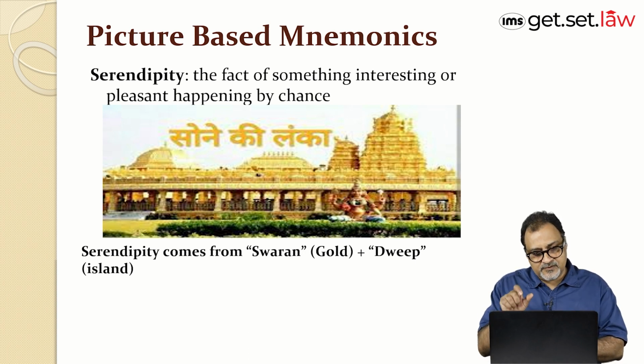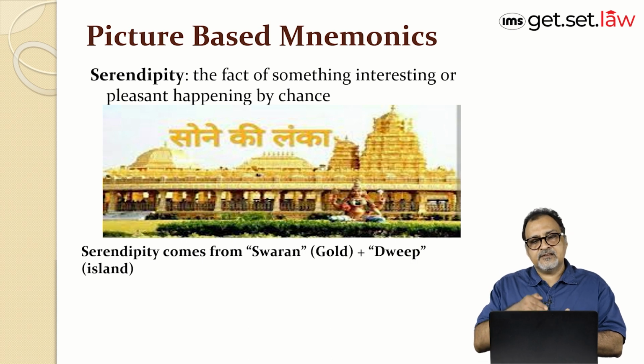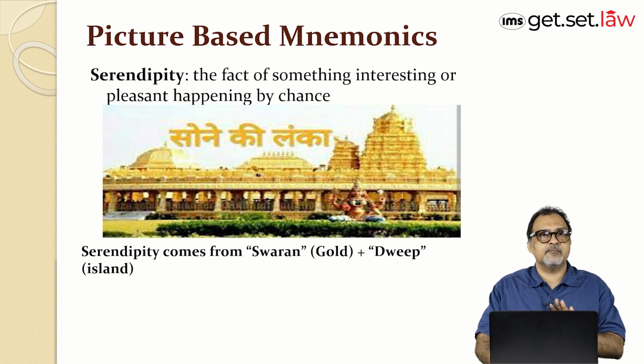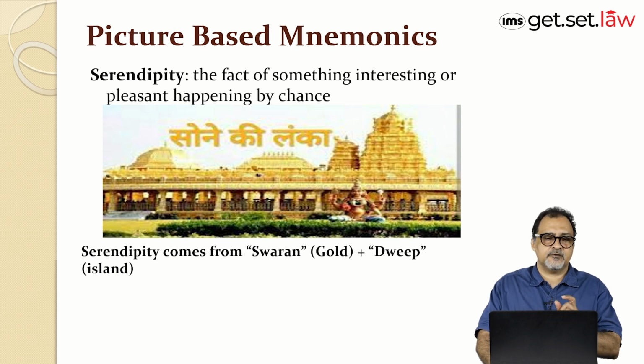So, the princes were from the island of gold. So, therefore, we get the word serendipity, discovering something interesting, finding something interesting, fortunate, pleasant, purely by chance. You are not looking for it, it just happens. So, now I remember Sone ki Lanka, serendipity, accidental good fortune. That is your picture based mnemonic.